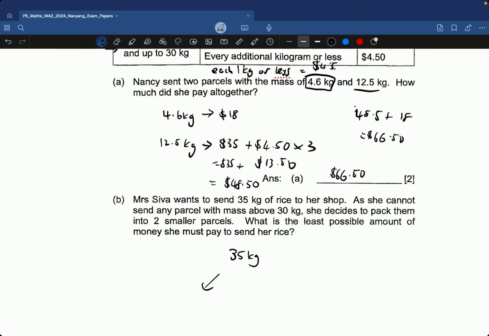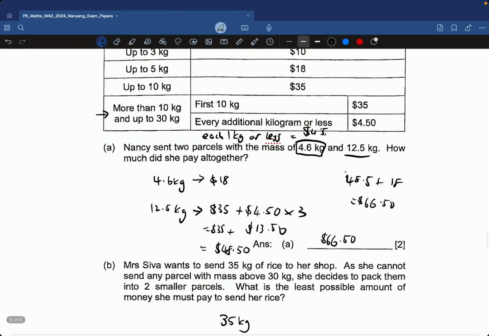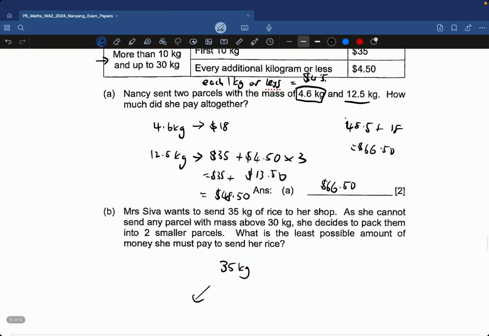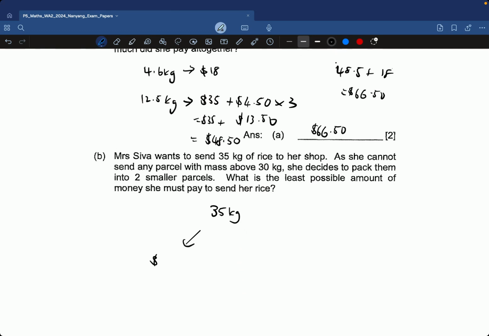So the first part is basically we can put it as 10 kg in this case. So this is $35. So this is 10 kg. And then we are left with 25, right?